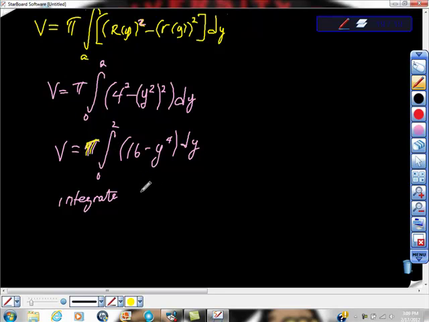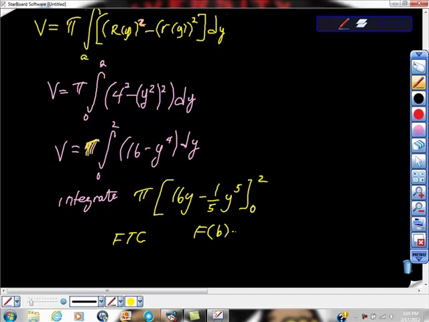So we integrate this, so it will be pi times 16y minus 1/5 y to the 5th, evaluated from 0 to 2. And here, if you want to, just use the fundamental theorem of calculus: f of b minus f of a. All we have to do is remember to multiply by pi.